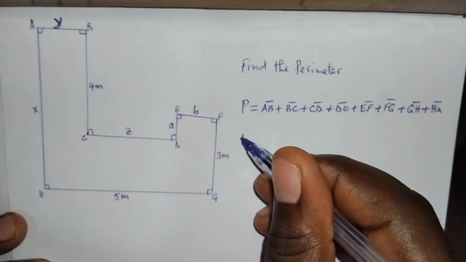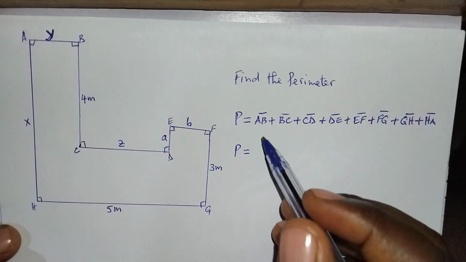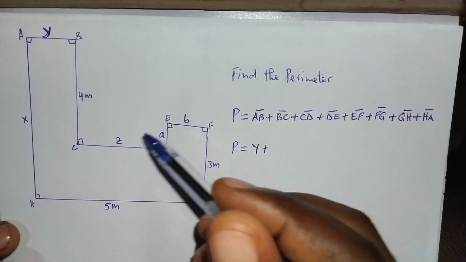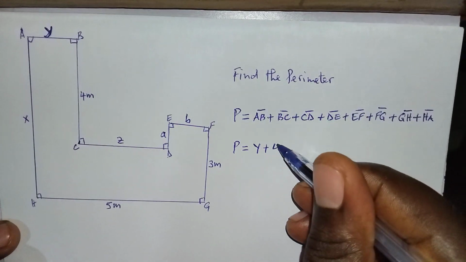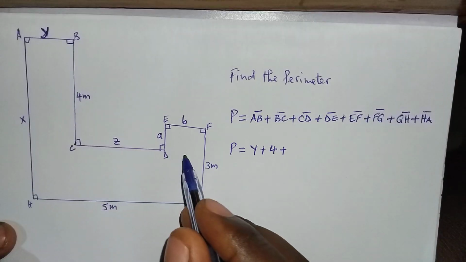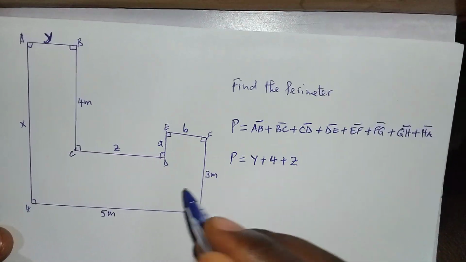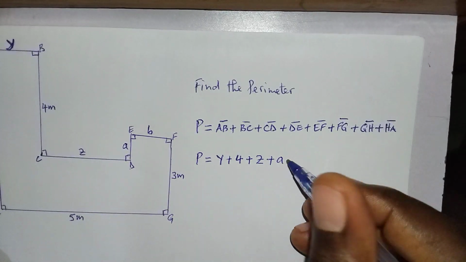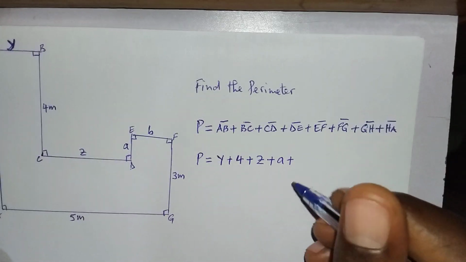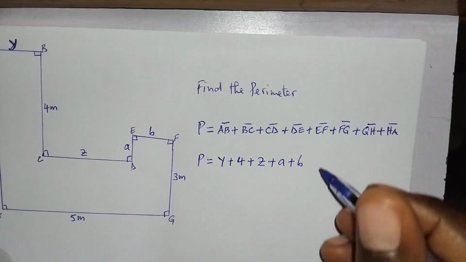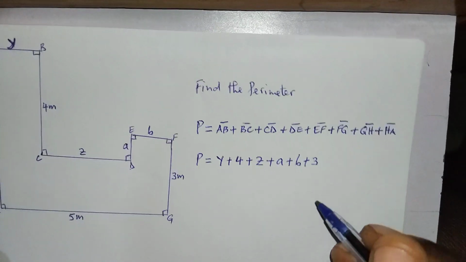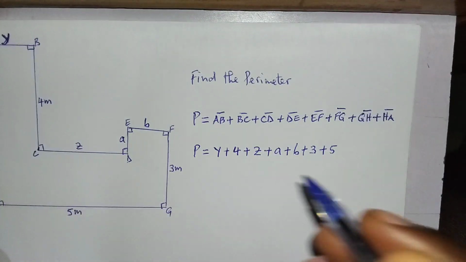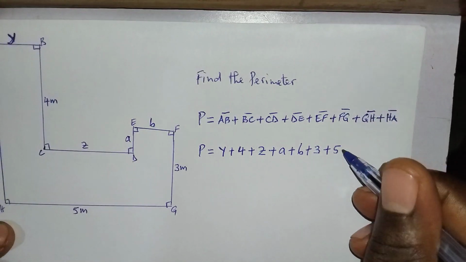So perimeter is AB. AB is equal to y plus BC. BC is equal to 4, plus CD is z, plus DE is a, plus EF is b, plus FG is 3 meter, and GH is 5 meter, and HA is x.